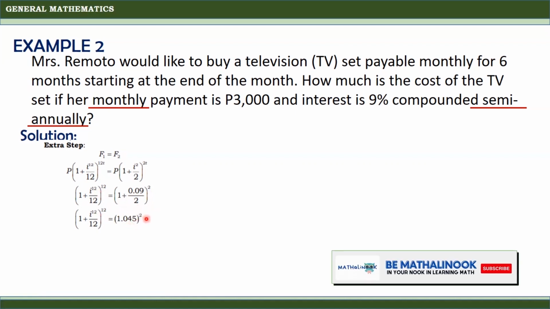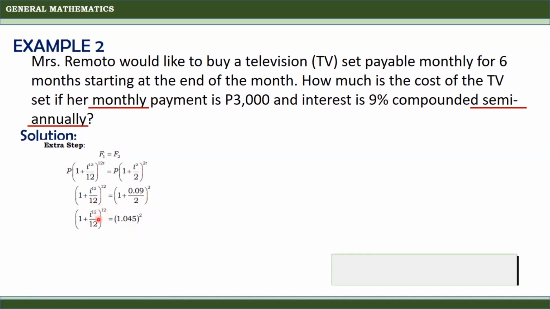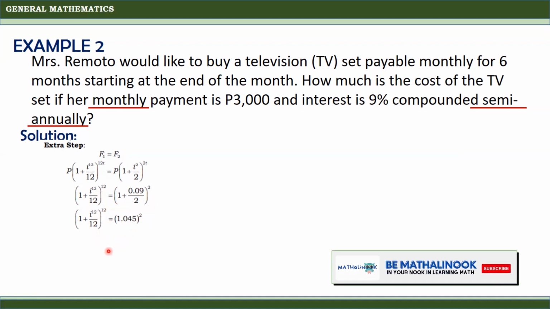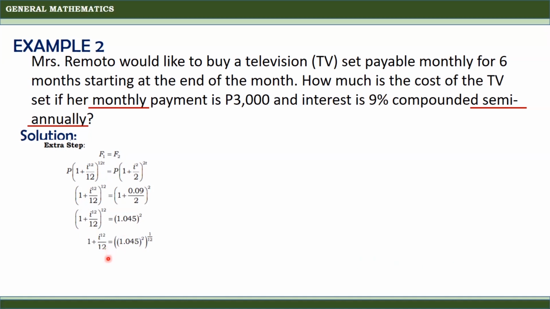You will have 1.045 raised to 2. On the left side of the equation, we will be raising both sides of the equation by 1 over 12. So we will have (1 + i)^(12/12) = 1.045 raised to 2, raised to 1 over 12. Multiplying 2 times 1 over 12, it will give us 1 over 6.